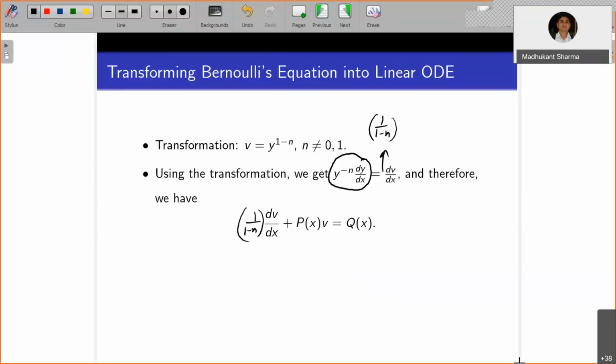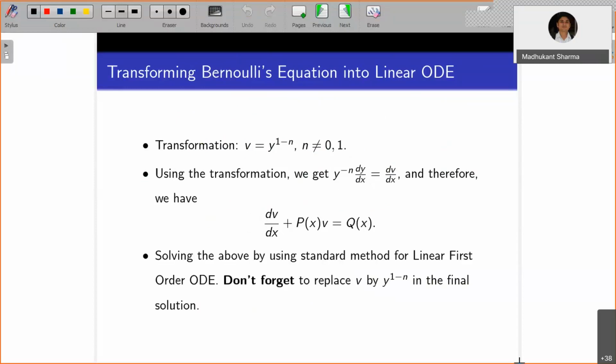Now solve this using the standard method for a linear first order ODE, and don't forget to replace v by y to the power 1 minus n in the final solution. That will be the final solution for the Bernoulli equation.